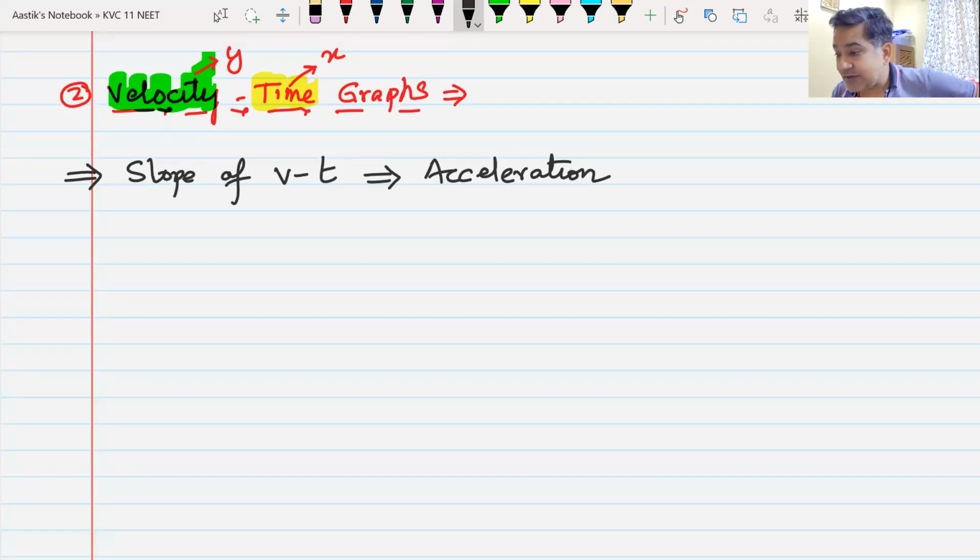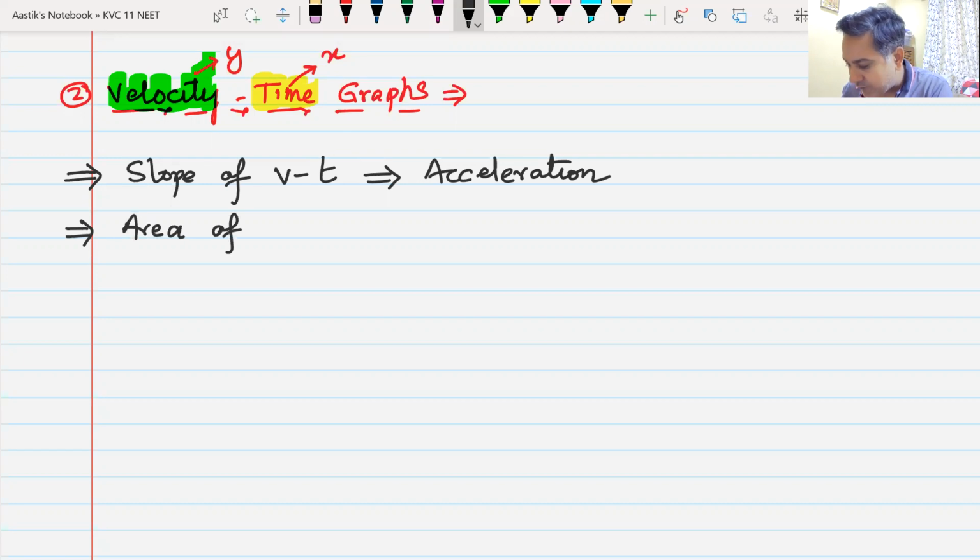Okay, the slope of velocity time graph gives us acceleration. There is one more thing that you can find out from this velocity time graph, and therefore velocity time graphs are more likely to come, because they give us additional information. Apart from the slope, I can also find out the area of a VT graph.